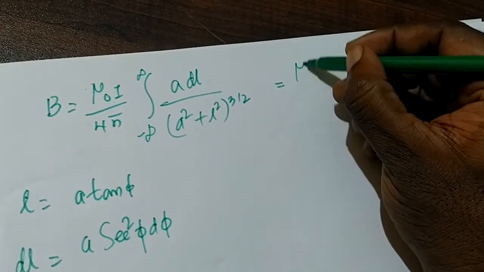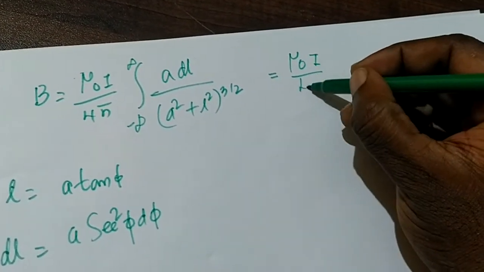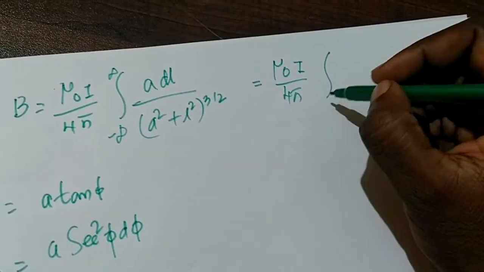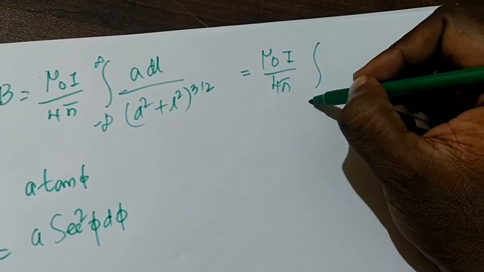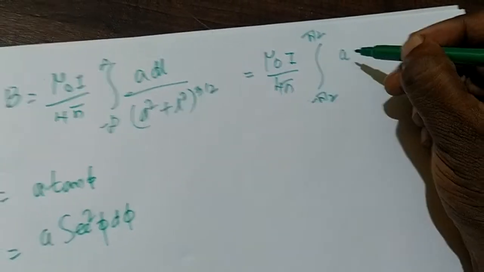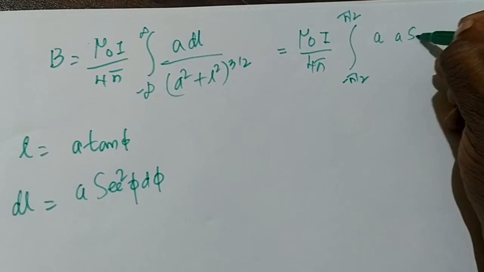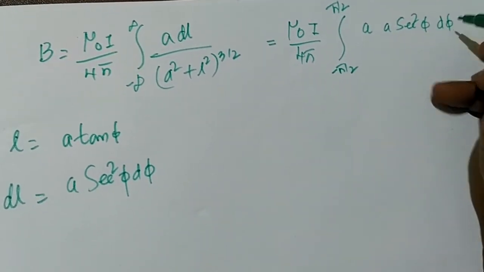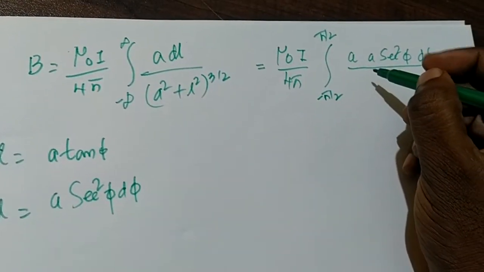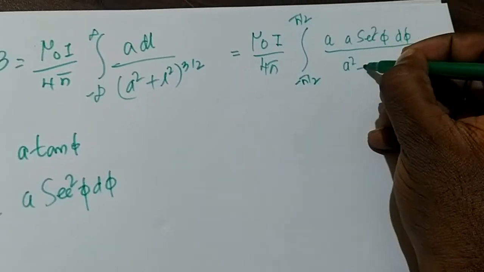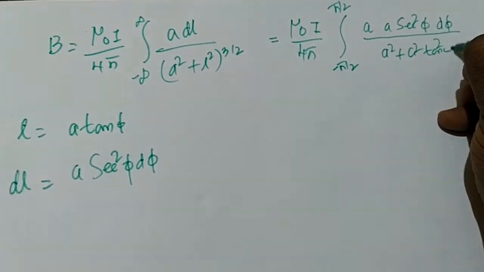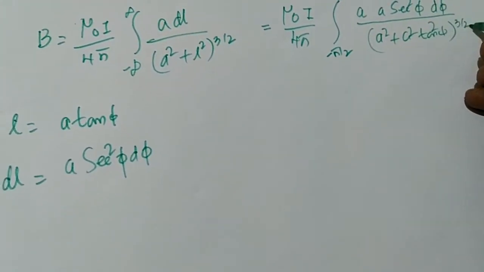The limit also will change. And what we get is mu 0 I by 4 pi into the limit from minus pi by 2 to plus pi by 2, a, what is dl? dl is a secant square phi d phi, whole divided by a square plus l square, that is a square plus a square tan square phi, the whole raised to 3 by 2.